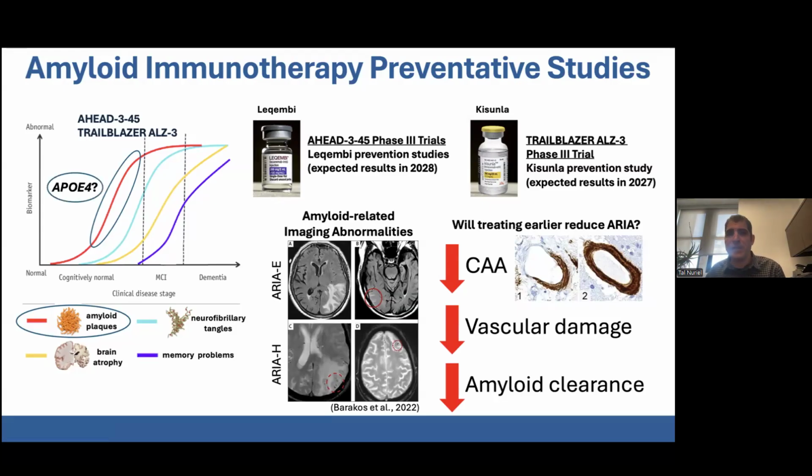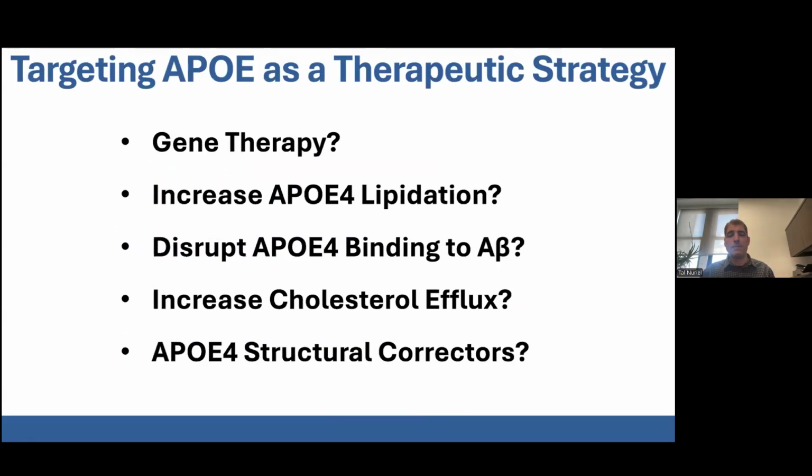All right, and then I'm going to finish off with a discussion about APOE4. Can you target APOE4 as a therapeutic, especially, though not exclusively, in APOE4 carriers, or target APOE in any individual? There are a number of approaches being pursued.